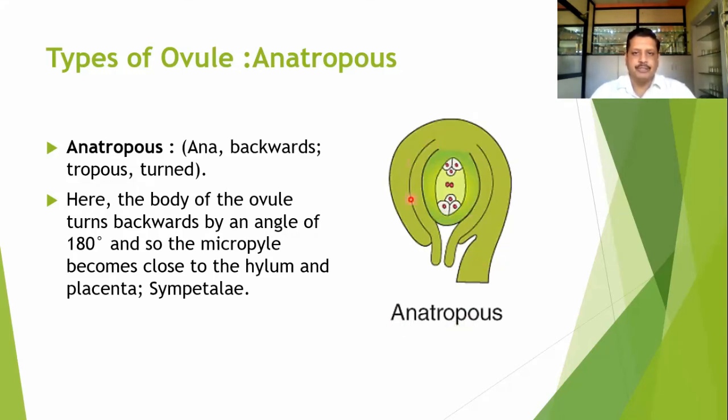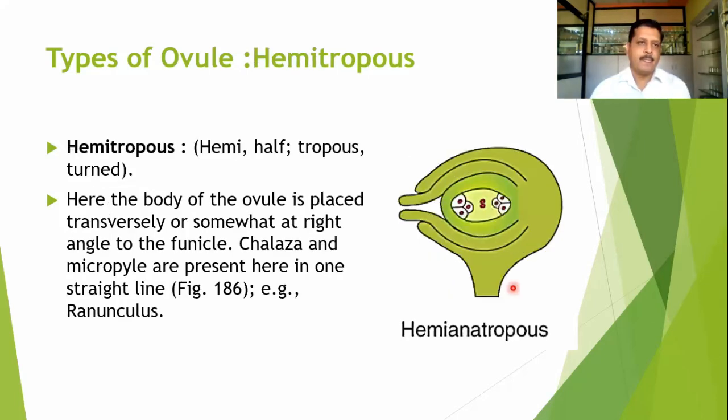So it is completely turned back by 180 degrees. The body of the ovule turns backward completely at an angle of 180 degrees, and so the micropylar end becomes close to the hilum. So here you can find it is more closer to the hilum and the placenta.